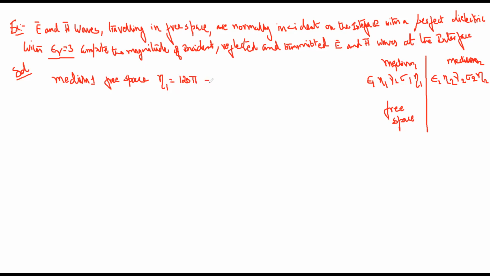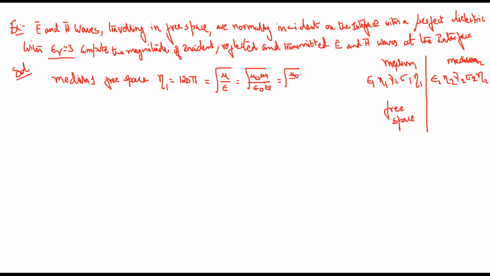How will you get that value? Under root of mu by epsilon. In free space, mu naught and mu r by epsilon naught and epsilon r, both are in free space, meaning mu r is equal to 1 and epsilon r is also 1.